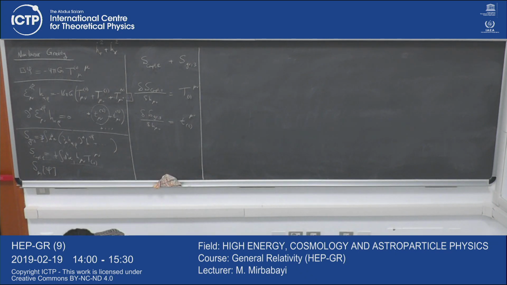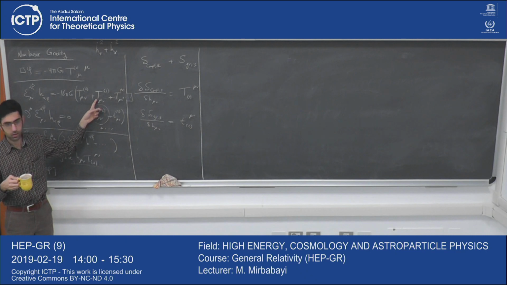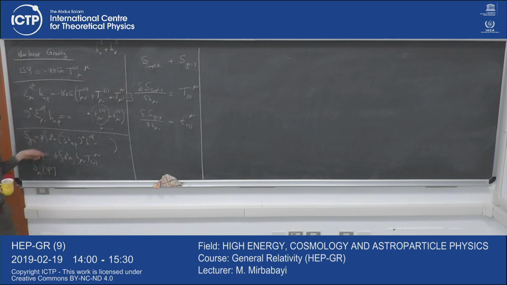Why did the capital T mu nu include the h field inside, if it's coming from matter? Well, this is the one that I'm deriving from this part of the action, because of the interaction.